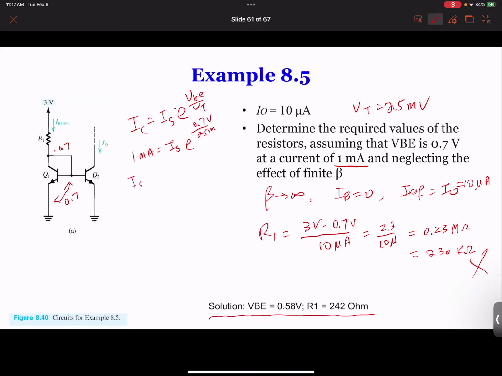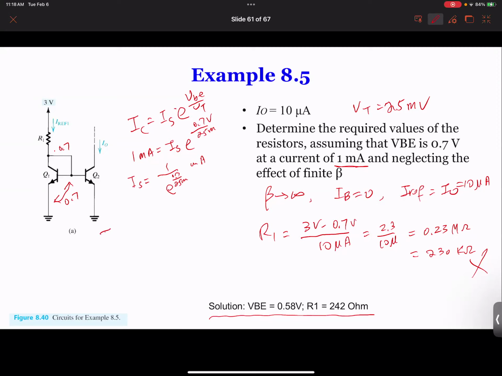So you have IS equal to basically 1 over e to the 0.7 divided by 25 milli. That's what IS is, and this is going to be in milliamps.